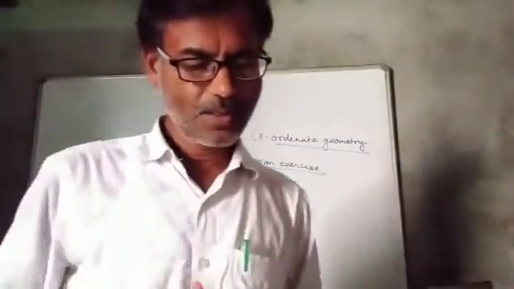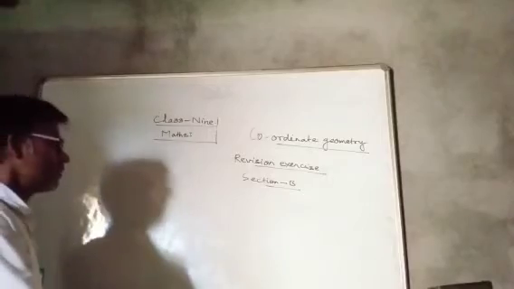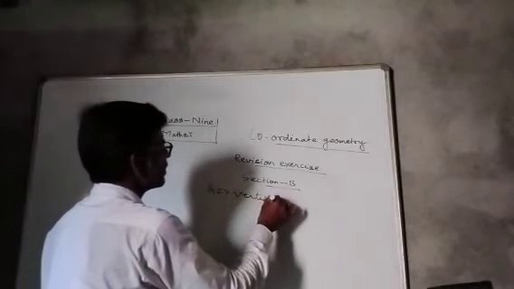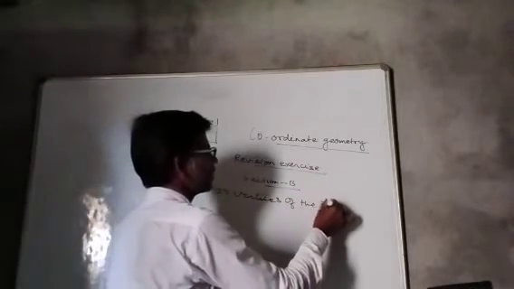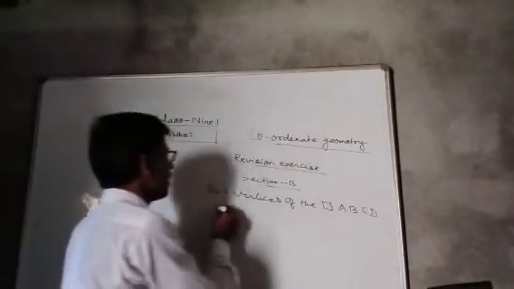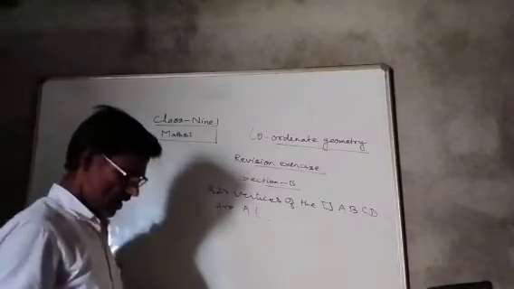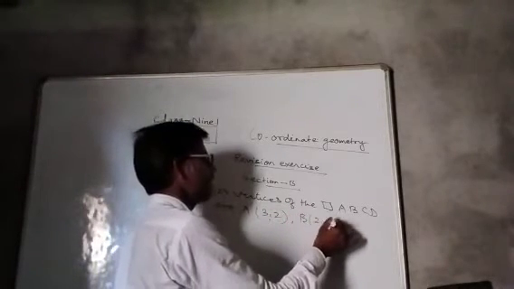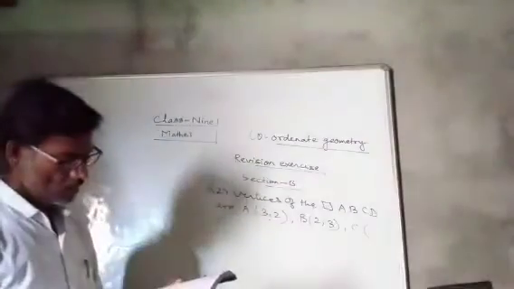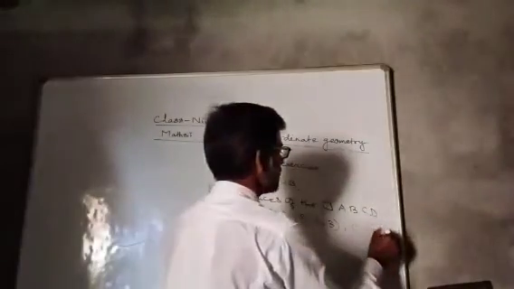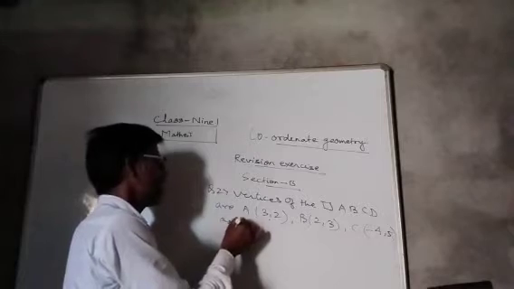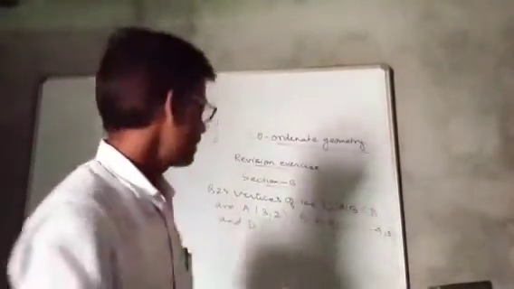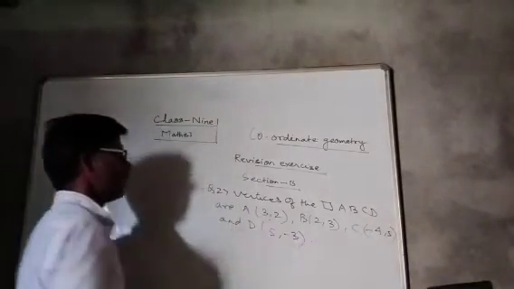Here the vertices of the quadrilateral ABCD are: A is 3 comma 2, B is 2 comma 3, C is minus 4 comma 5, and the fourth vertex D is 5 comma minus 3.